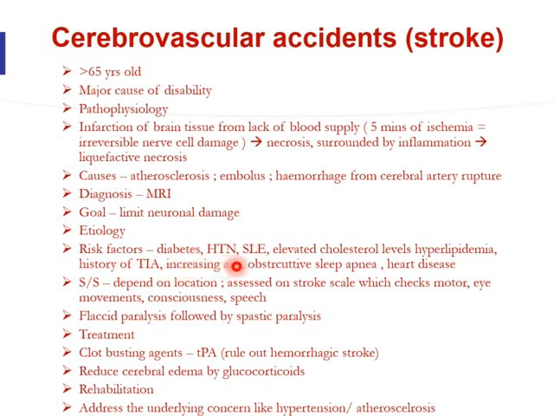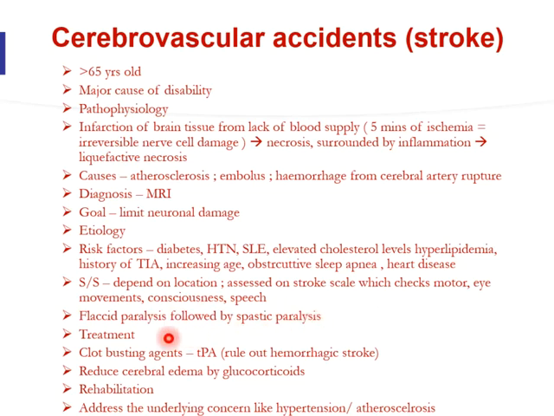If the individual already has diabetes, hypertension, SLE, or elevated cholesterol levels like hyperlipidemia, a history of transient ischemic attacks, increasing age, obstructive sleep apnea, or heart disease, they are more likely to develop a stroke. Okay. Signs and symptoms depend on the location. Assessed on a stroke scale, which checks motor, eye movements, consciousness, and speech. There can be a flaccid paralysis followed by spastic paralysis.